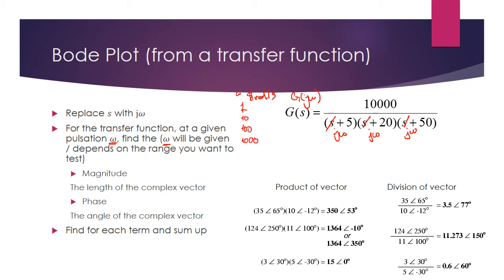You have to test the system, right? So for each given omega, we will find two things. We will find the magnitude of the transfer function, because the magnitude represents the gain, and the phase, because the phase represents the lag of the response.